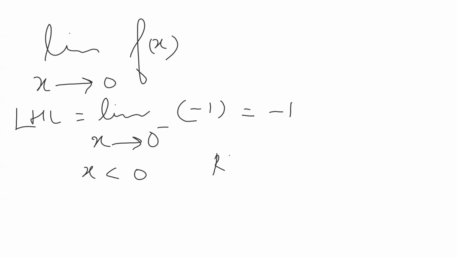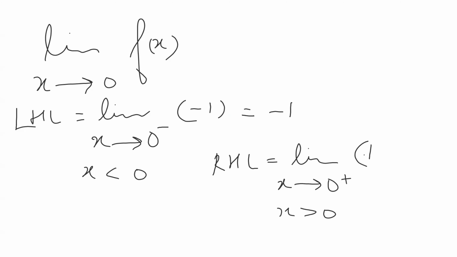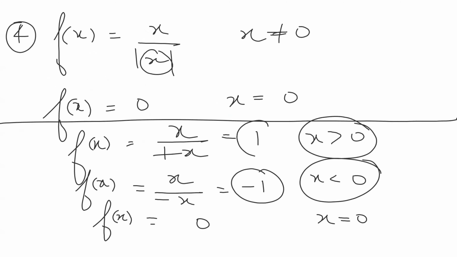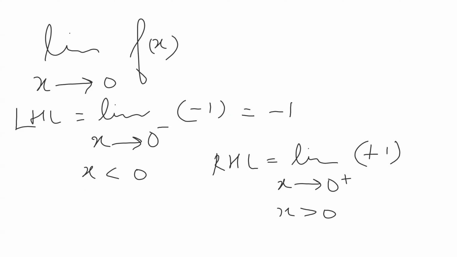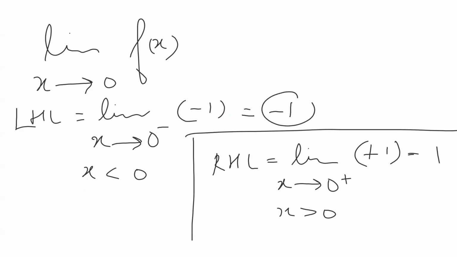RHL, limit x approaches 0 plus, x is greater than 0, so f of x is plus 1. Fine, the limit of a constant is constant. So LHL is minus 1 and RHL is 1.